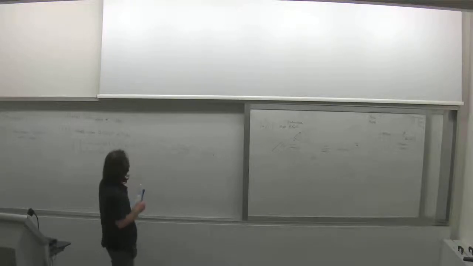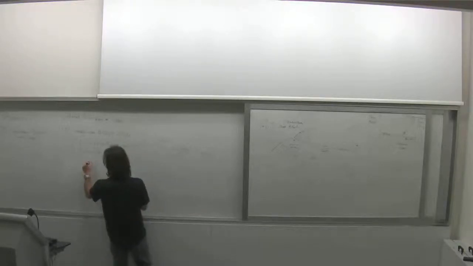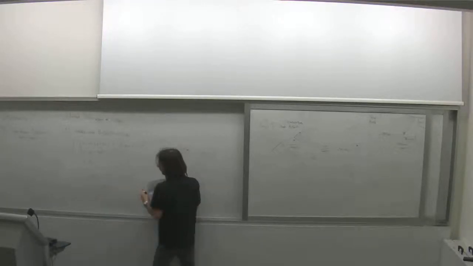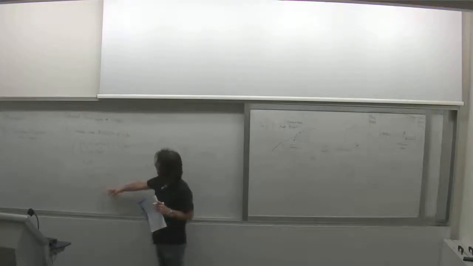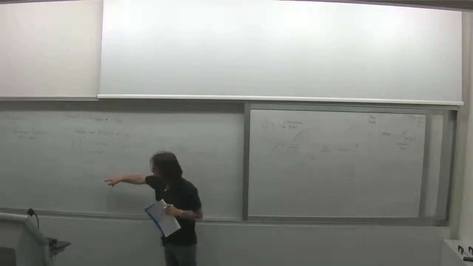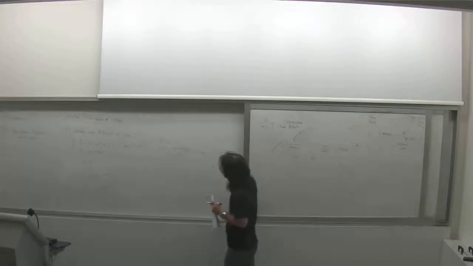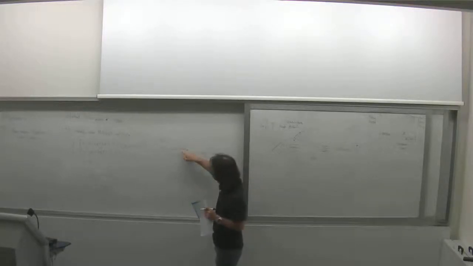So if we draw the phase portraits for r, when mu is very small, we will get only one fixed point. This means we won't have a square root here.